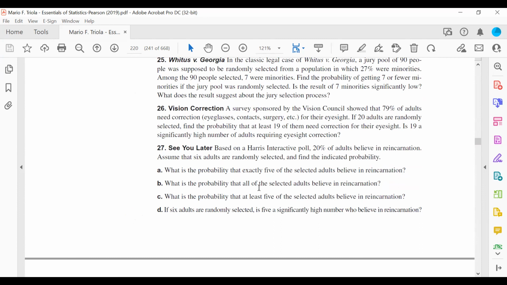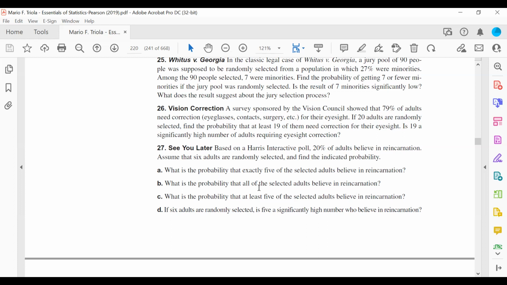Based on a Harris Interactive poll, 20% of adults believe in reincarnation. Assume that 6 adults are randomly selected and find the indicated probability. Okay, so I believe for this problem, we're going to be using n equal to 6, because it says 6 adults. And we're going to be using p equal to 0.2.